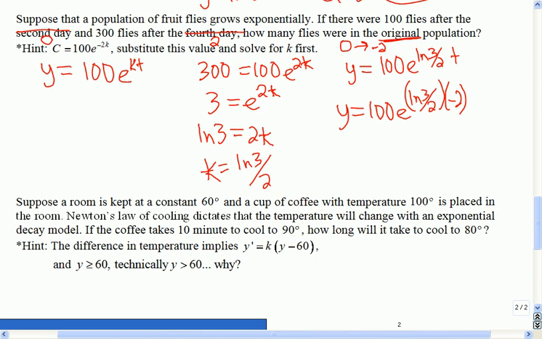I thought it was around 30 something. 33 1/3, so I guess there'd be 33 fruit flies if we rounded it.